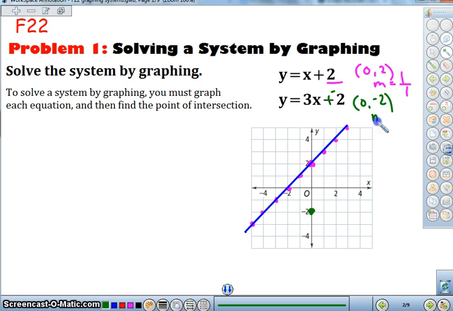And here our slope is actually 3 over 1. So when we look at 3 over 1, that means rise 3 and run 1. And so far, if we continue this pattern, we are going to intersect right at this point. So we are now looking for that point of intersection. You need to draw both lines.